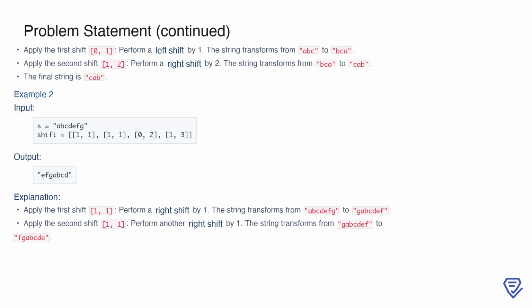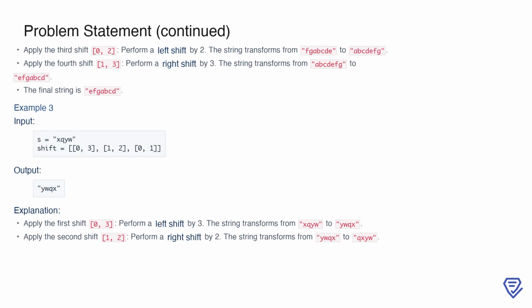Then, a left shift 0, 2 moves the first two characters fg to the end, transforming the string into abcdefg. Finally, the right shift 1, 3 moves the last three characters efg to the beginning, yielding the final string efgabcd. This illustrates how shifts interact with each other to produce the final result.